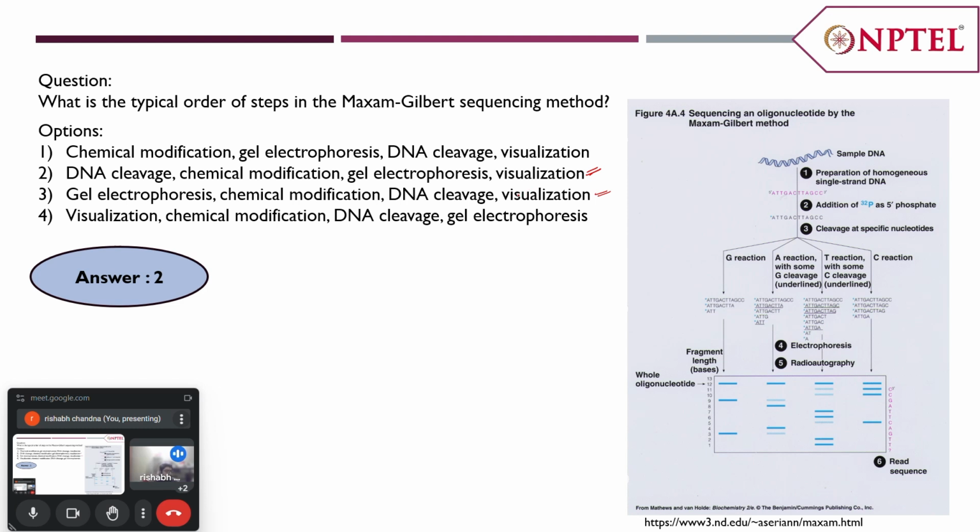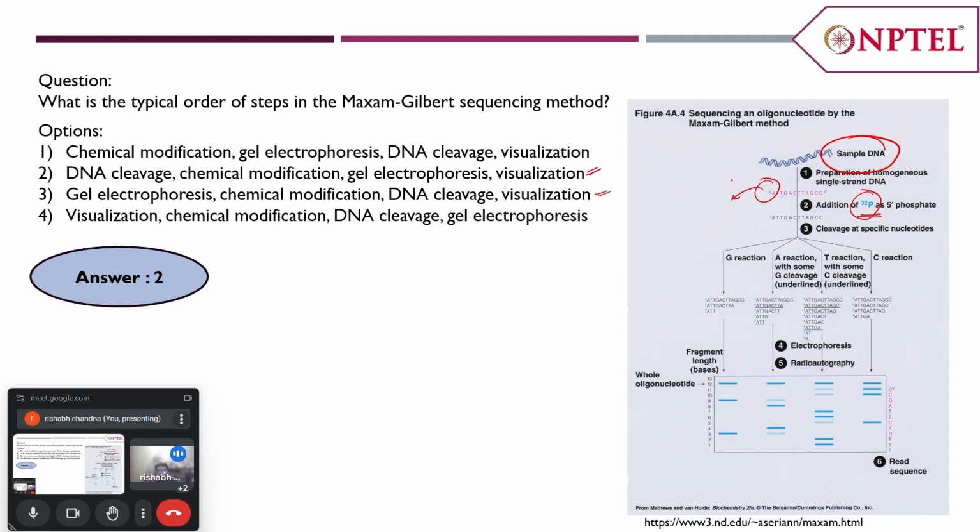Okay. So this was the first method that was basically discovered because this is a chemical sequencing based method. Now for this we would have a sample DNA that would be good in amount. Then we would separate this DNA and we will get single stranded DNA. Then we add a 5 prime 32P, the phosphate at the 5 prime end, because phosphate is present at the 5 prime end.